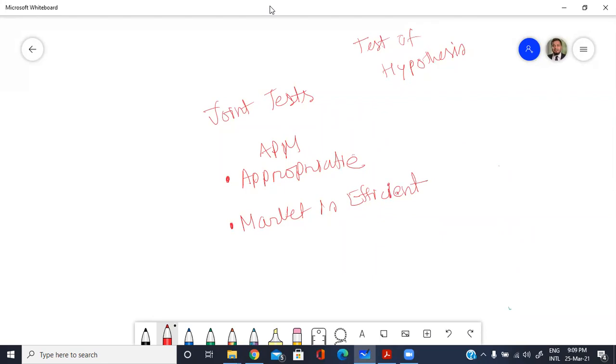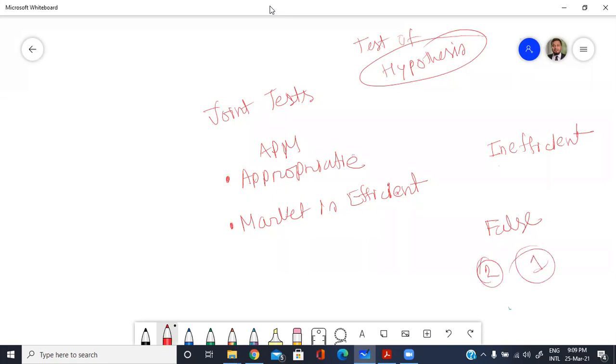Now if you want to prove that a particular market is inefficient, how many hypotheses do you have to prove false? Two or one? You have to prove two hypotheses false. How? I mean the null hypothesis.